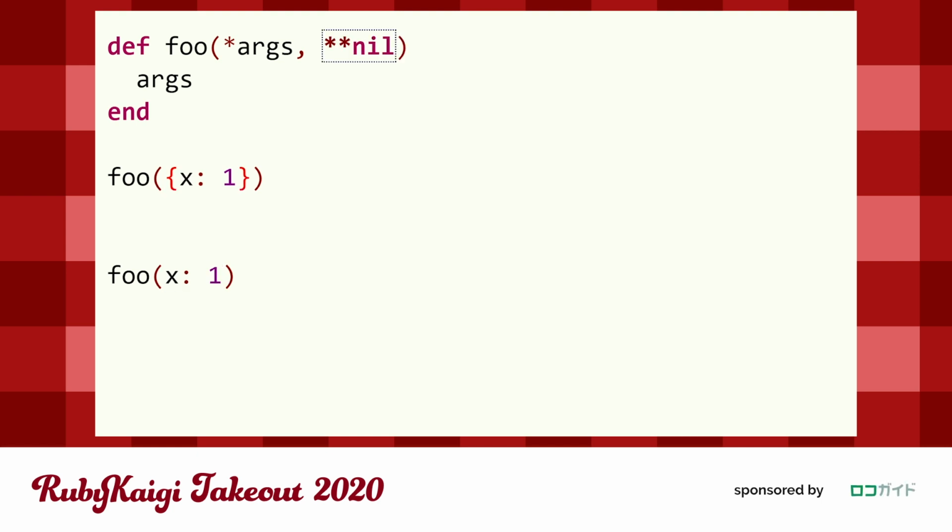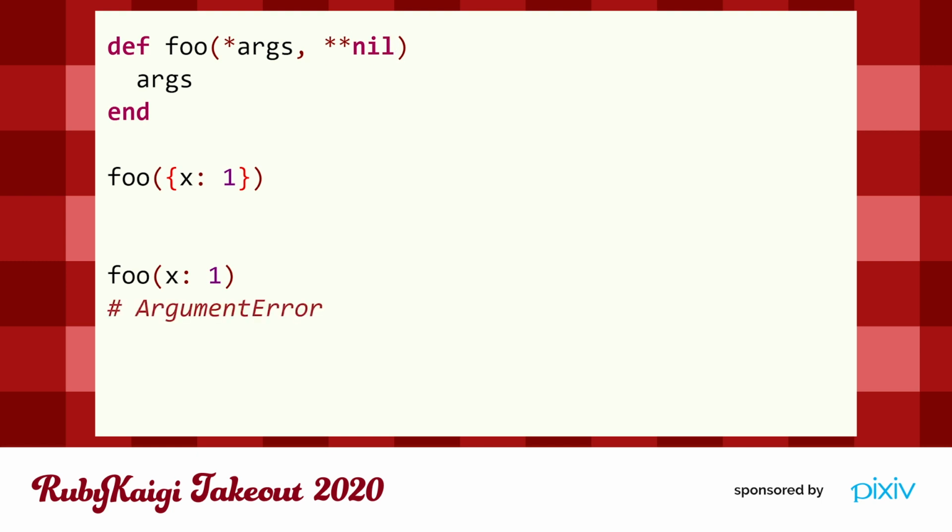To avoid this issue, for newly defined methods where you don't need to worry about backwards compatibility, you can use this **nil syntax when defining methods. This syntax is not valid in Ruby 2.6, but it is in Ruby 2.7, and it means the method forbids keywords. It changes the behavior of the method so that the method acts like it accepts explicit keywords, but no explicit keywords are defined.